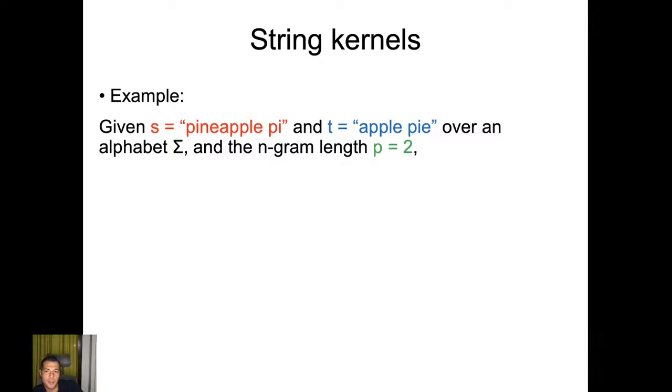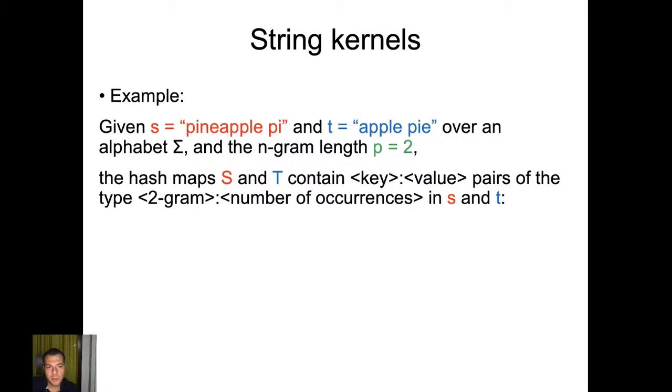These are defined over an alphabet of letters, for example the English alphabet or the Romanian alphabet. It depends on what text documents we want to classify. And we establish a length for the continuous subsequences, and as I said before, these subsequences are called n-grams. So n-grams means sequences of 2 characters in this case, if p is equal to 2.